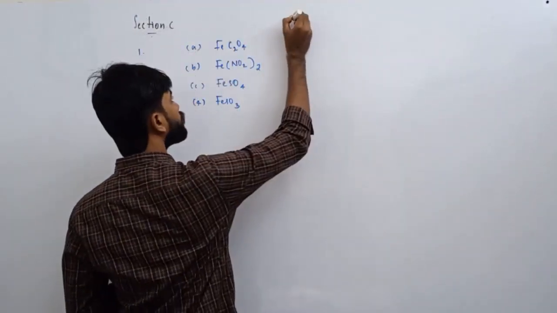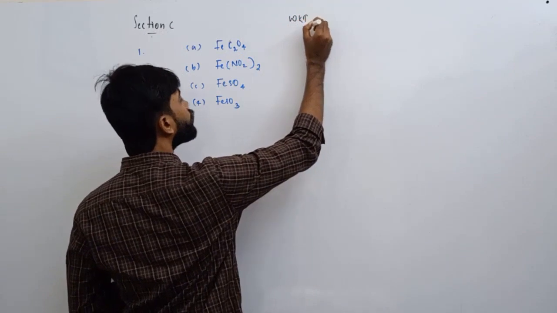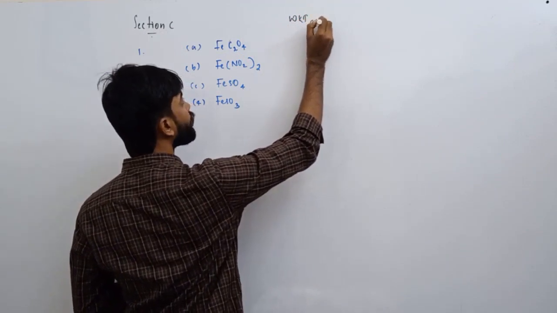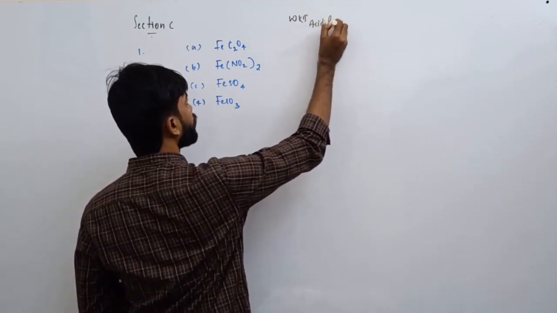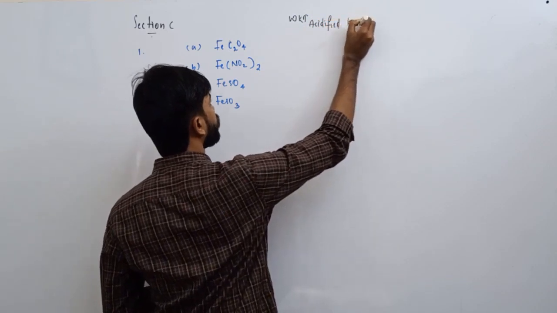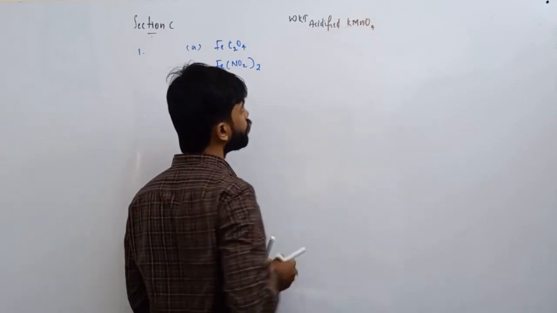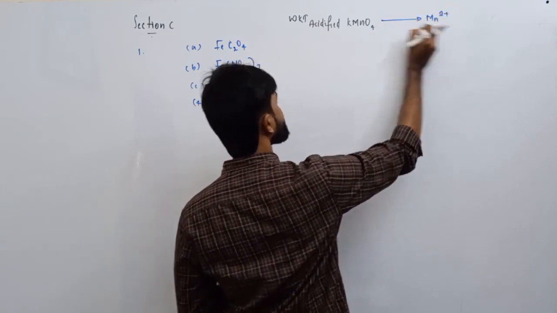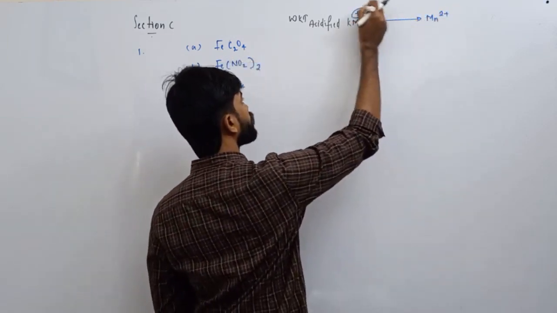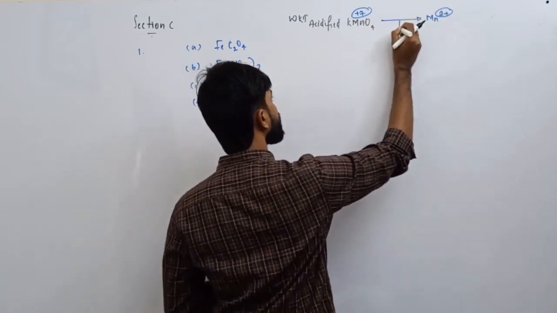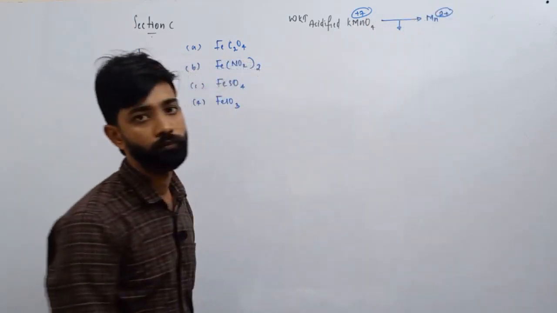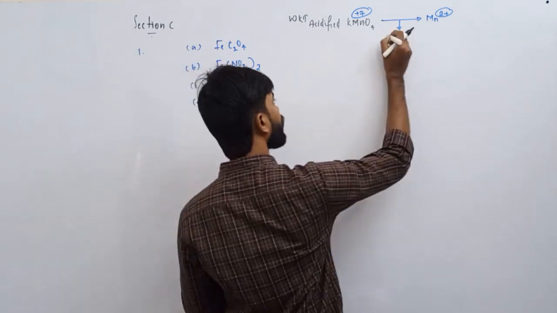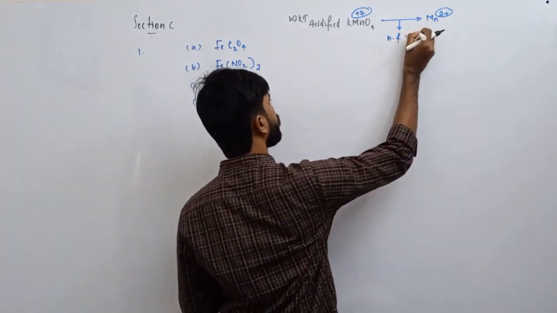We know that acidified KMnO4 will turn to Mn2+, right? Yes. So the change, or the n factor, in this case is 5.